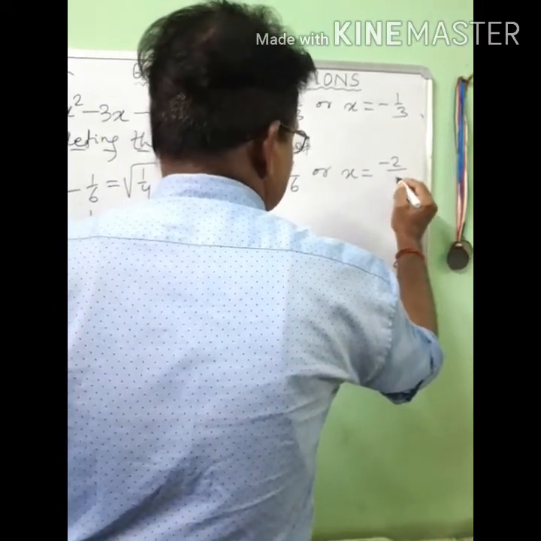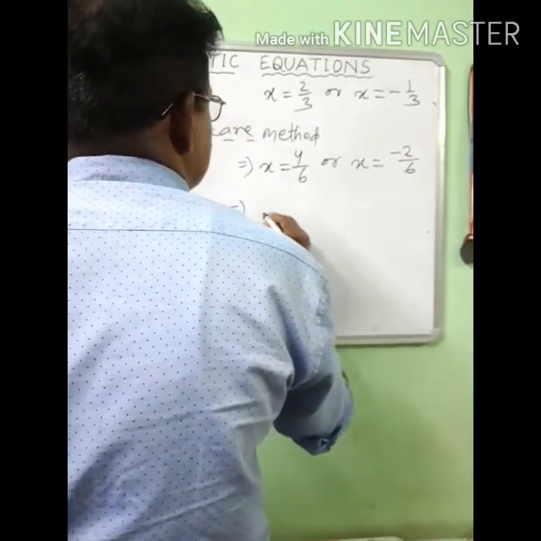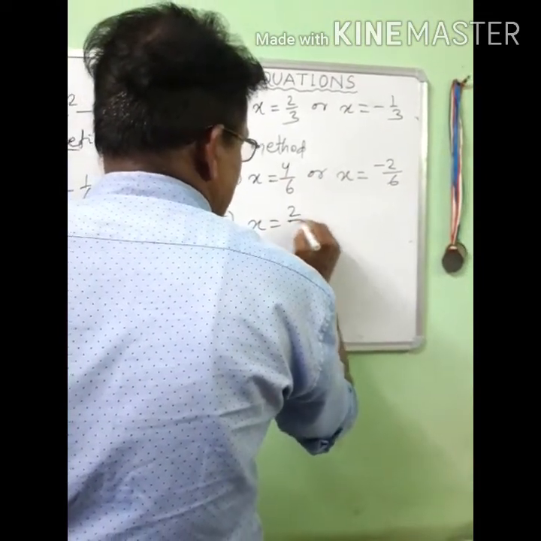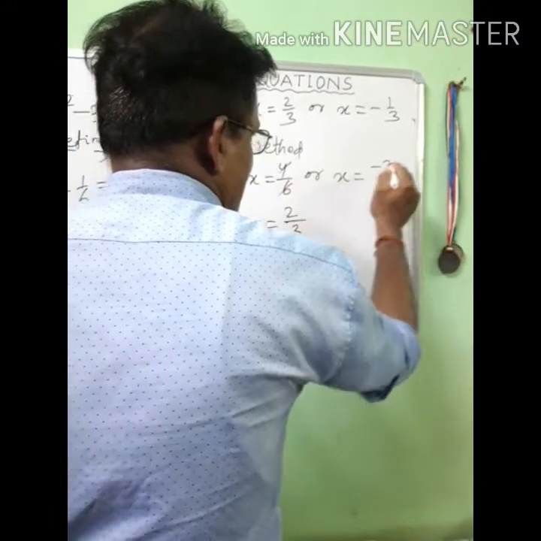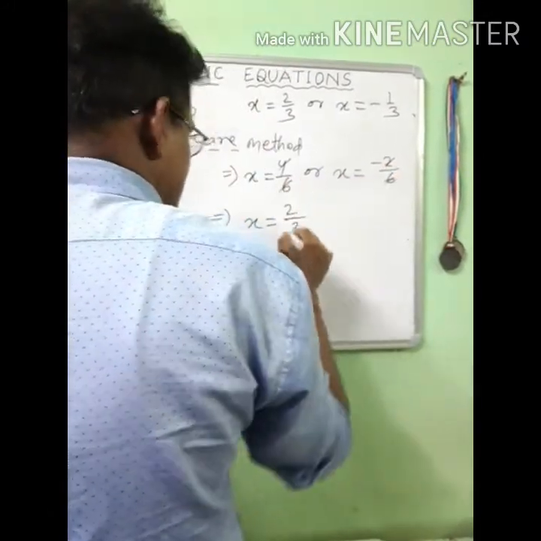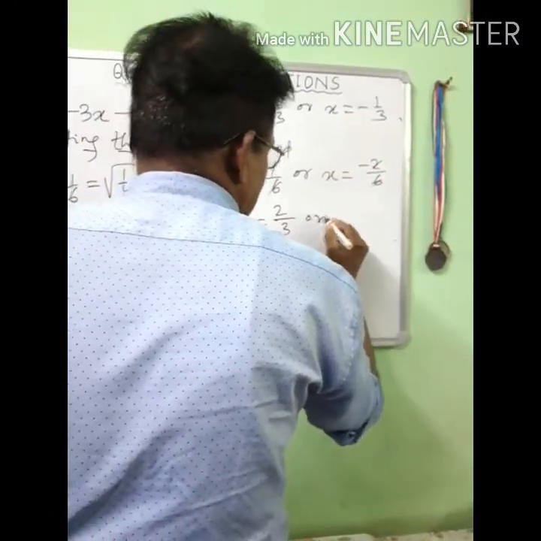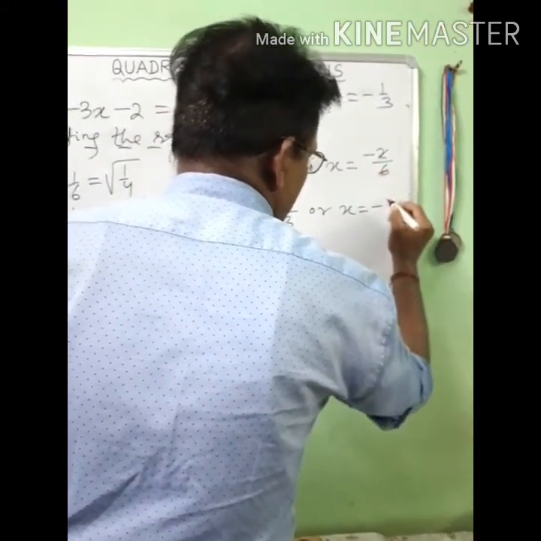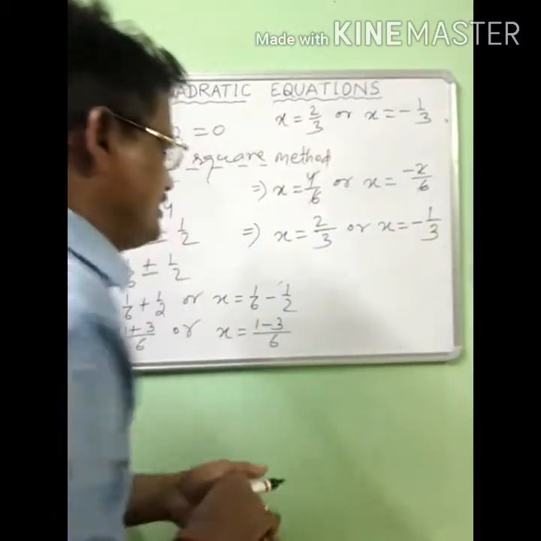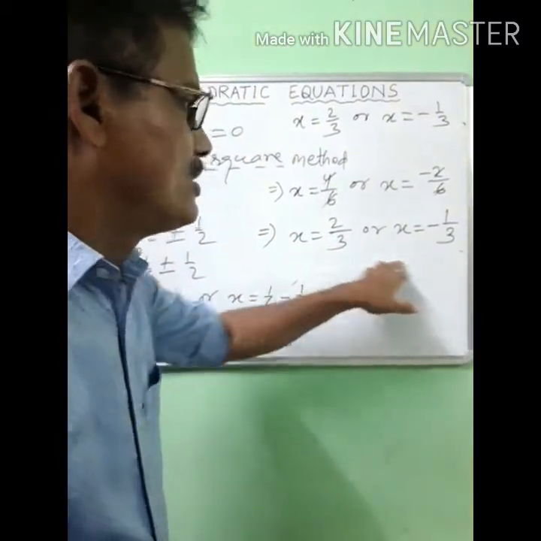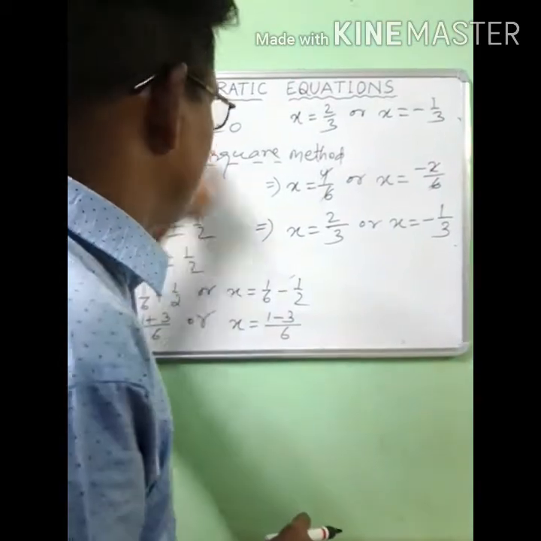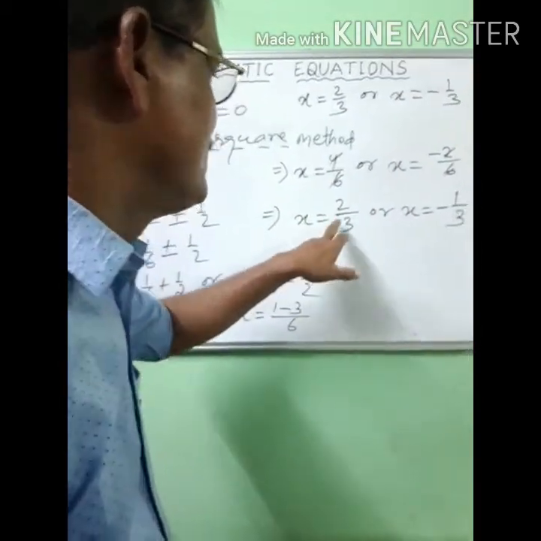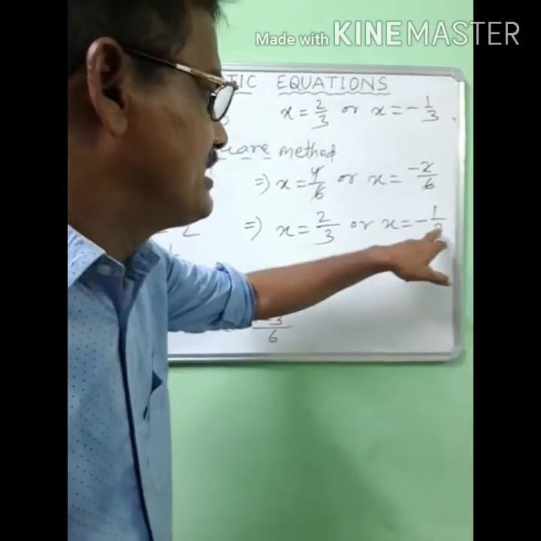So this implies x is equal to, simplifying, 2 by 3, or x is equal to minus 1 by 3. So here are the two roots of this quadratic equation. Okay. Two roots or solutions of a quadratic equation. Two roots are 2 by 3, and the second one is minus 1 by 3.